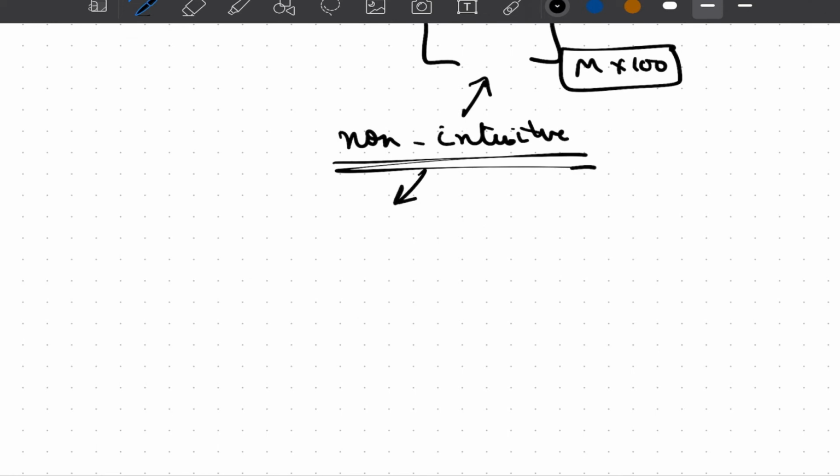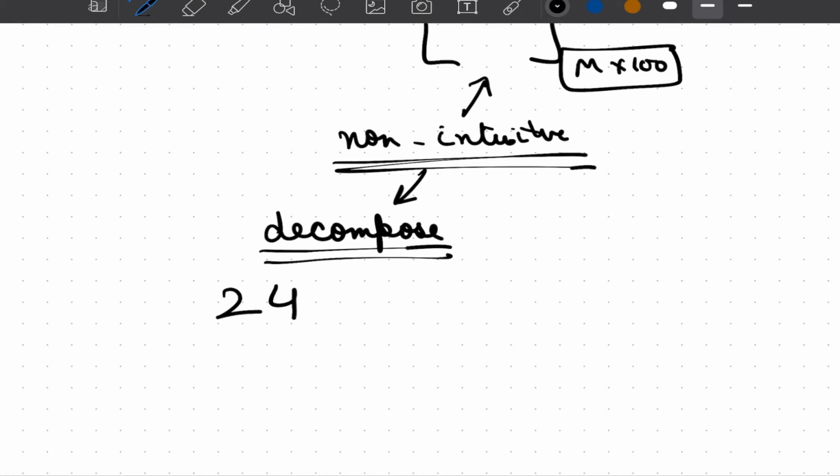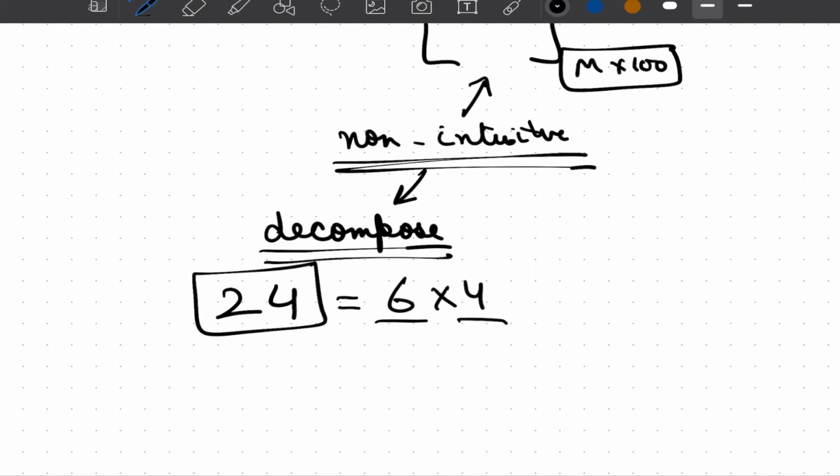Hence, we need to decompose these matrices into some simpler entities. What this decomposition means, we can always relate back to the theory of factorization. For example, if we have the number 24 and we want to break it into simpler components, we can easily say that 24 can be written as 6 times 4, which in turn are relatively simpler compared to the number 24.